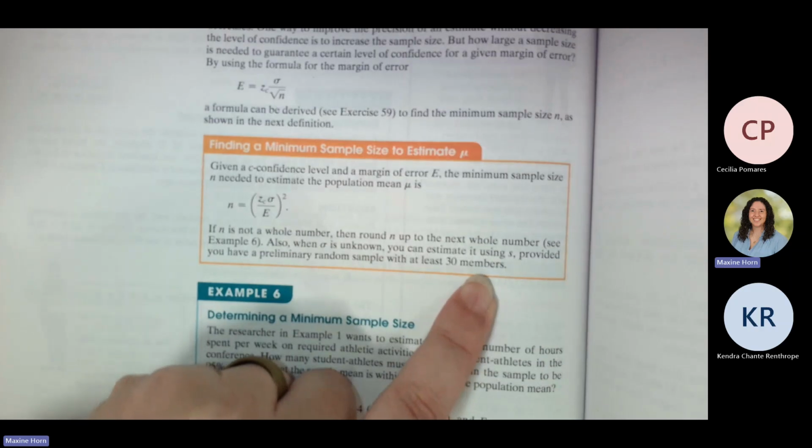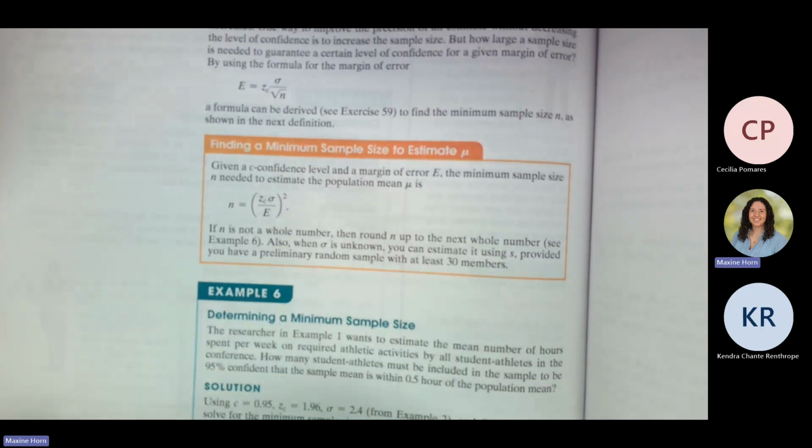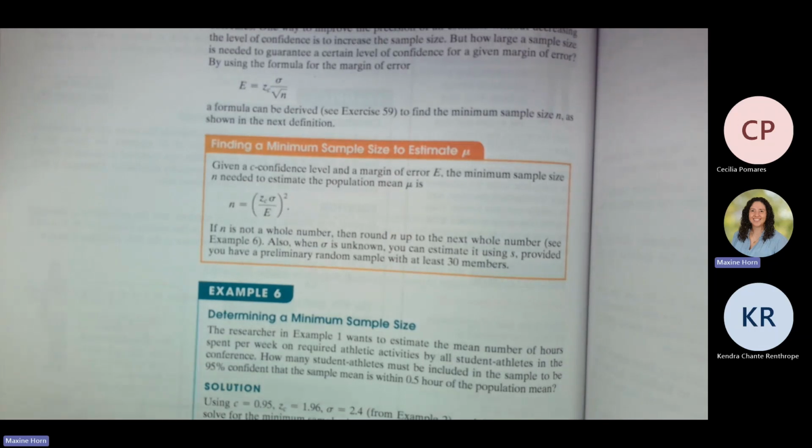We keep seeing that a lot. This is one of the problems where you're going to have to actually plug some things into a formula instead of just having the calculator do it for you.